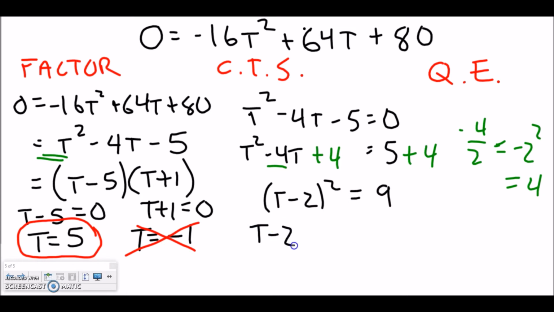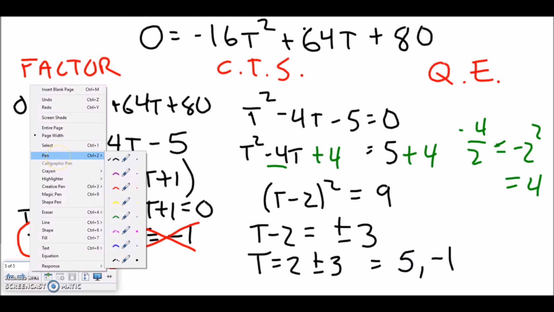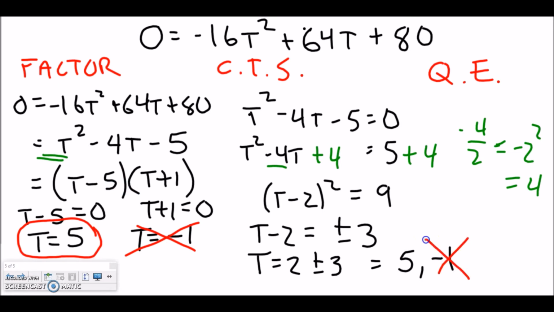Square root both sides, t minus 2 equals plus or minus 3, because that's the square root of 9. Move the 2 to the right, t equals 2 plus or minus 3. So my answers again are 5 and negative 1. Look at that. Same exact answers. Doesn't matter that we did it a different way. Negative 1 doesn't make any sense. The ball hits the ground after 5 seconds.